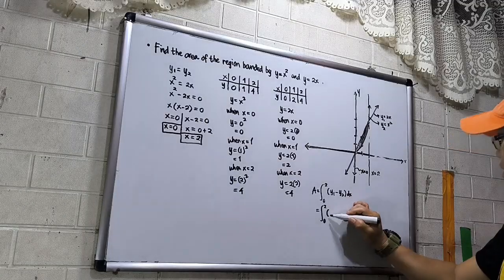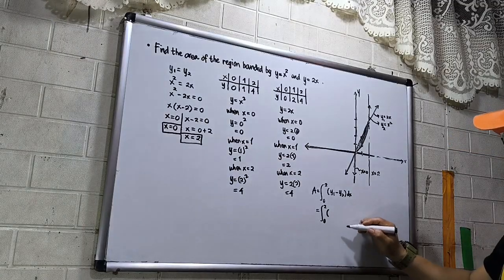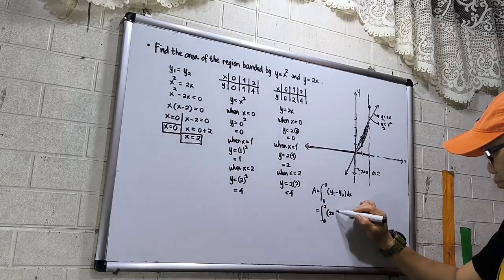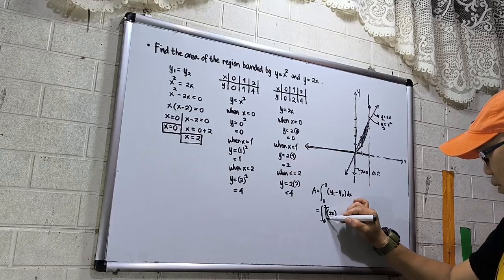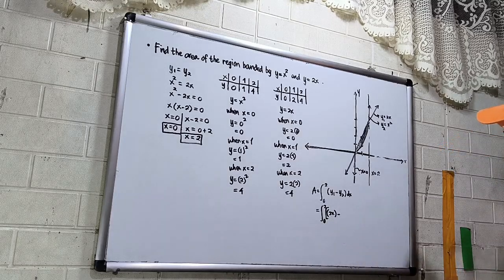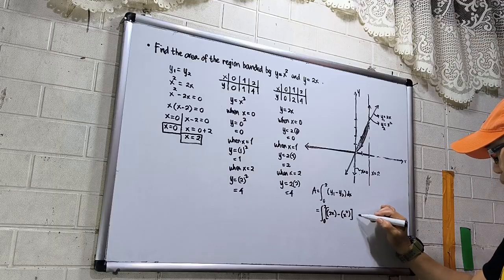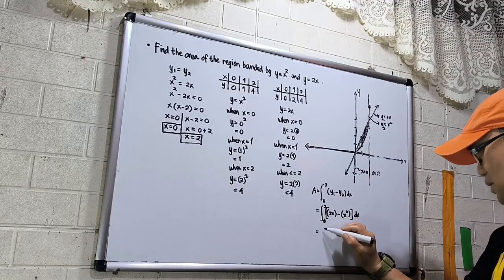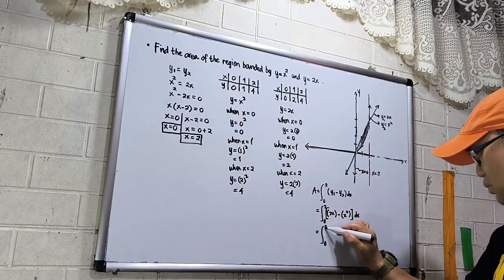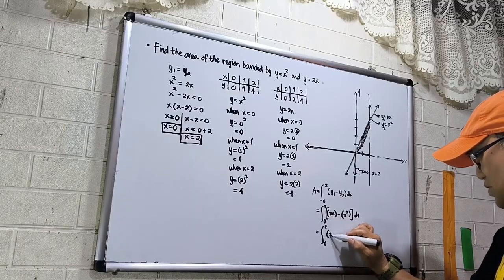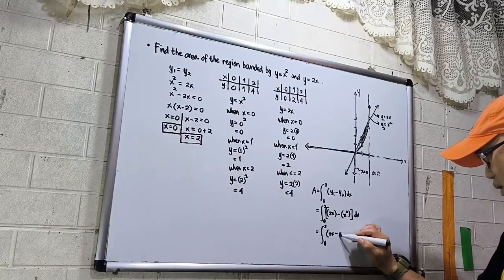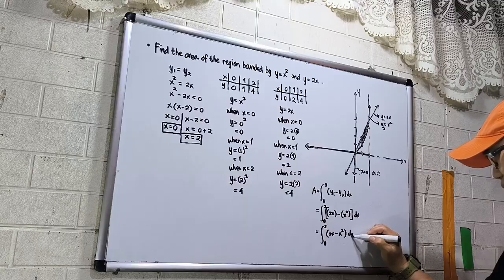So this will be the integral from 0 to 2 of [2x minus x squared] dx. So I now have the integral from 0 to 2 of 2x minus x squared, dx.